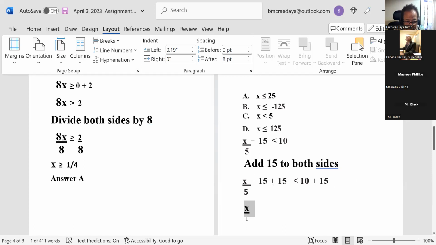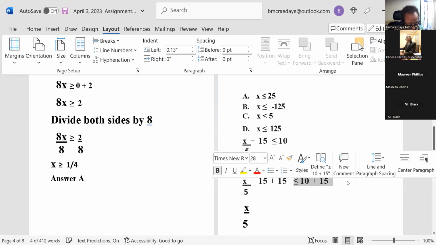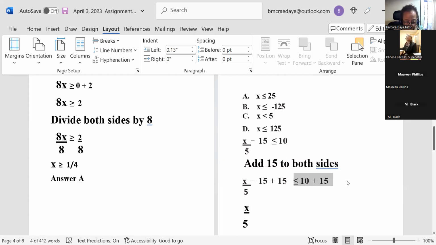And on the right side, what do I have? x over 5 less than or equal to. Let's put that here.